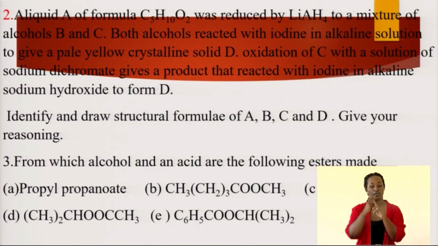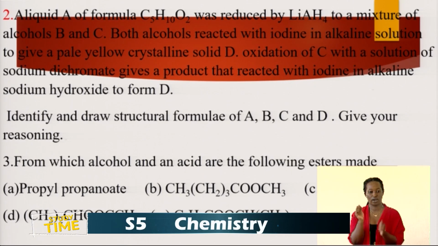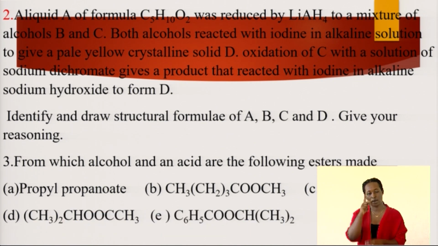From which alcohol and an acid are the following esters made? This is another question. Propyl propanoate. This one is very simple, so you need to look at propyl propanoate.